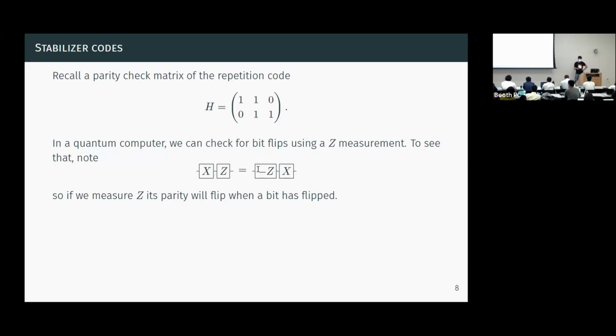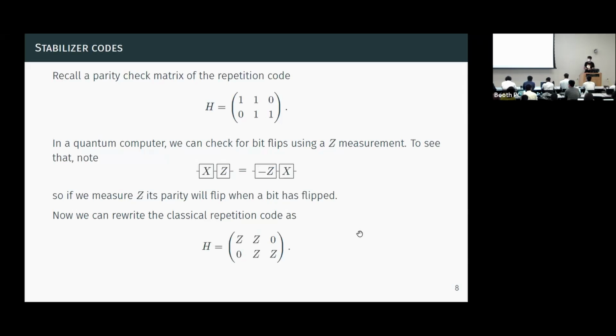So if we measure a Z parity, we can see that something has happened. So if we write our classical repetition code as the following matrix, where we just replace our ones with Z, then we have a quantum repetition code that protects against bit flip errors.